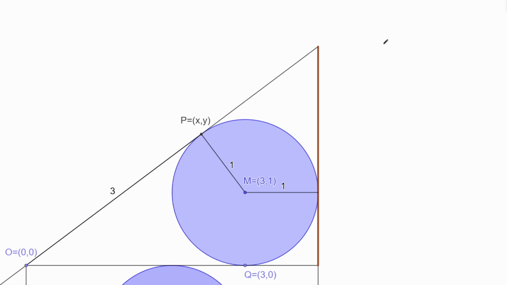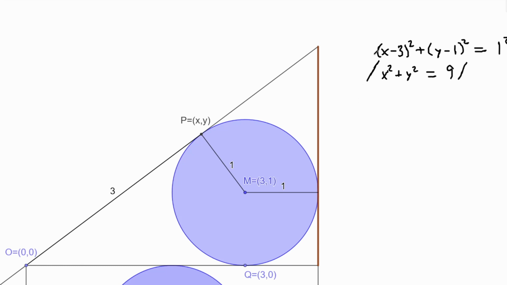So we get that (x - 3)^2 + (y - 1)^2 must be equal to 1^2. So this is what we get from the distance between P and M. Now, from the distance from the origin to P, we simply get that x^2 + y^2 is this distance squared. So we get that this is equal to 9.